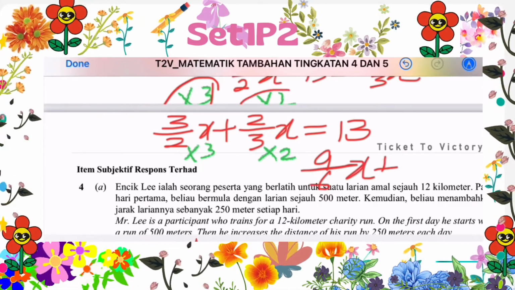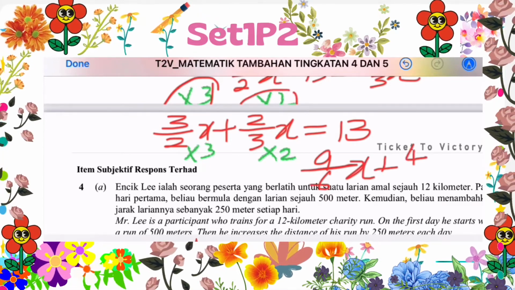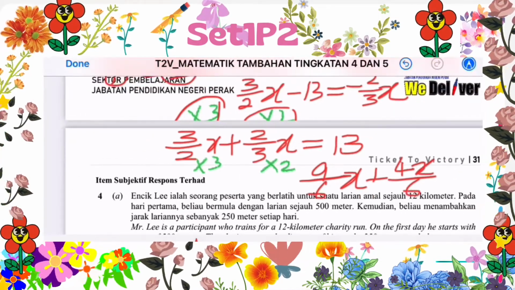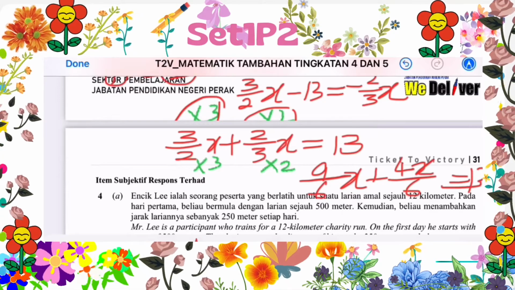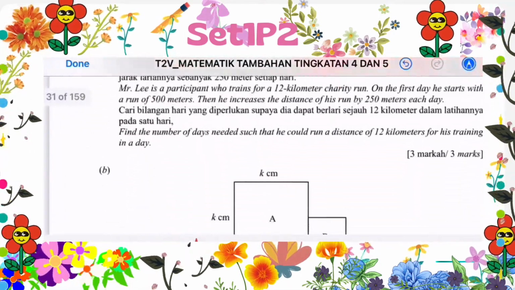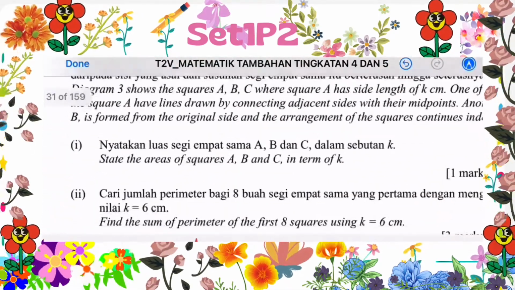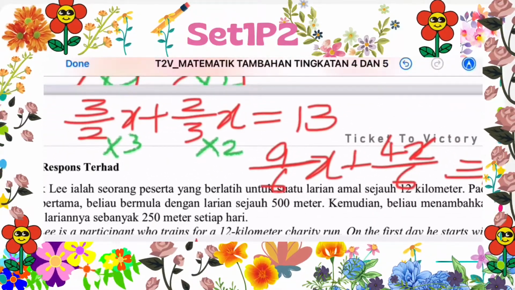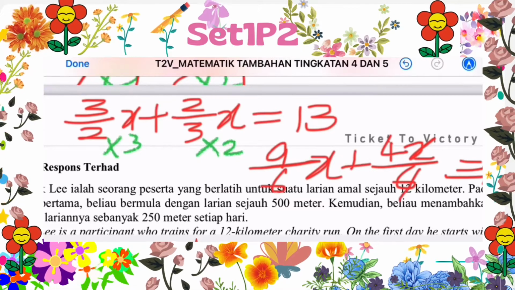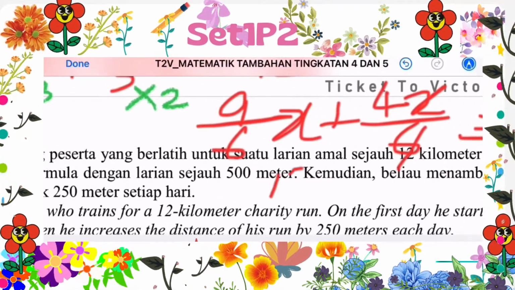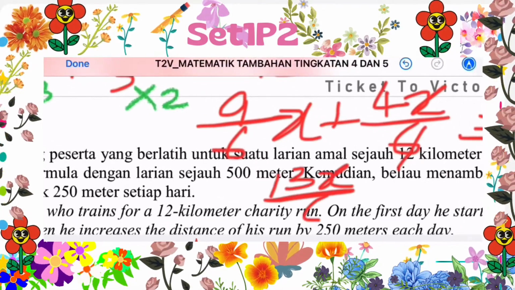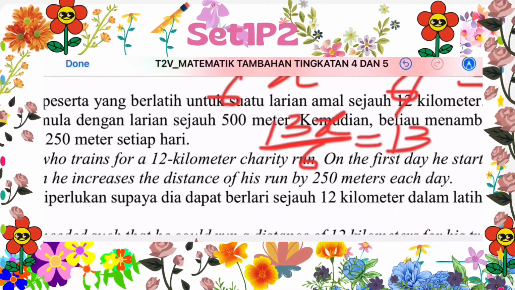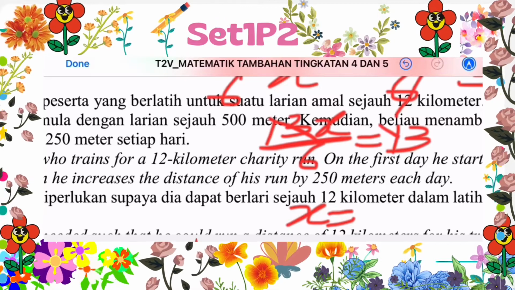This one times 2 will be 4 over 6, equal to 13. So we have 13x over 6 equal to 13. So that means x is 6, right?